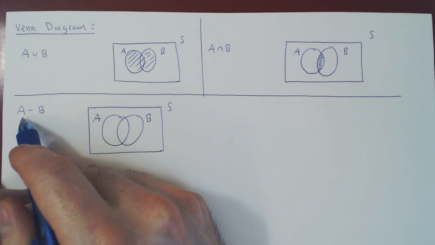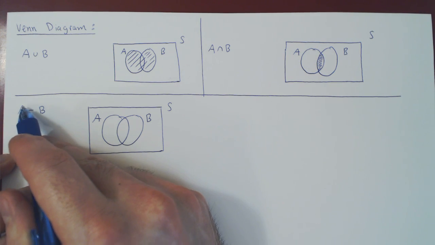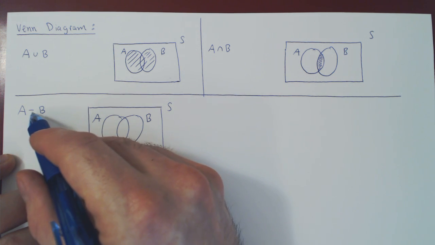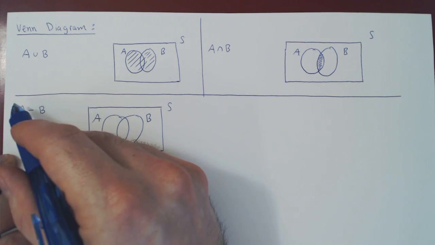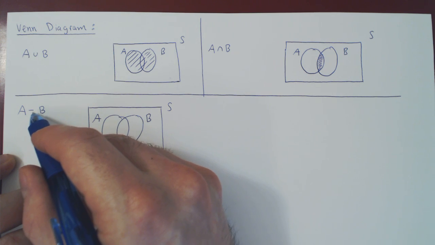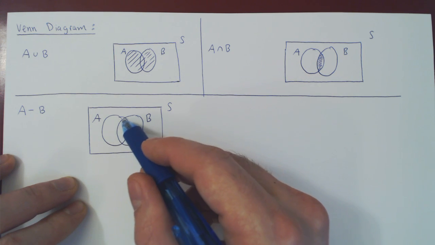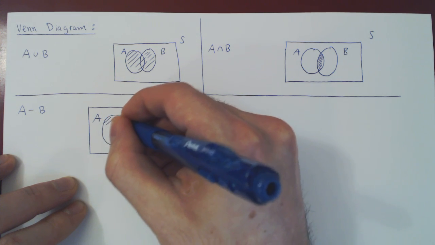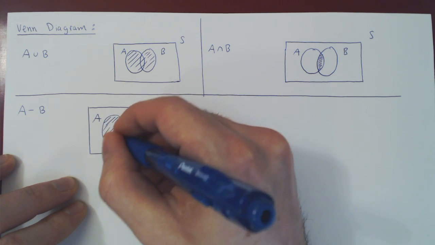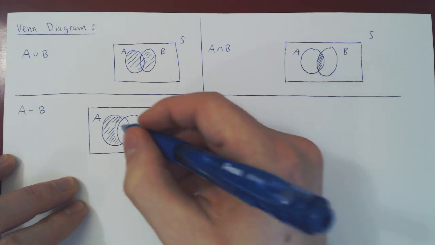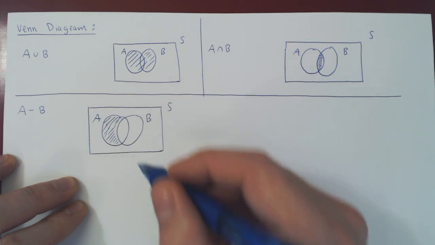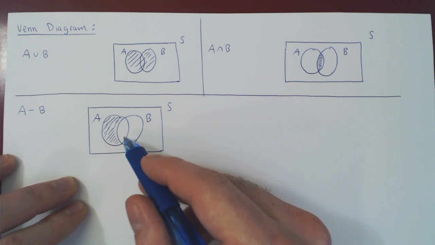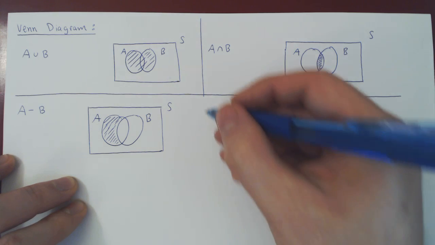And A minus B is the set that contains all the elements that are in A but not in B. So we take all of A and we throw away what's in B. That is the overlap between A and B. And this gives us, of course, this region. This is the set A minus B. Everything in A, but not in B.